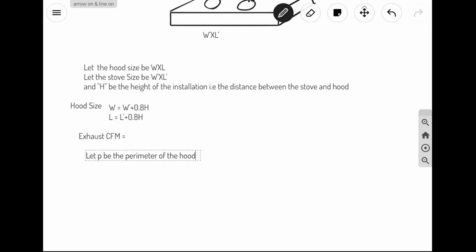Therefore, P equals 2W plus L for wall type. P equals 2W plus 2L for island type.